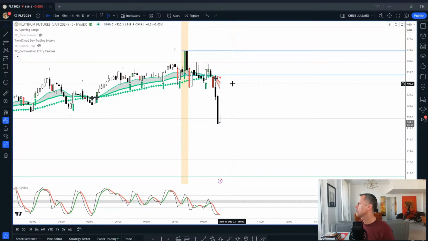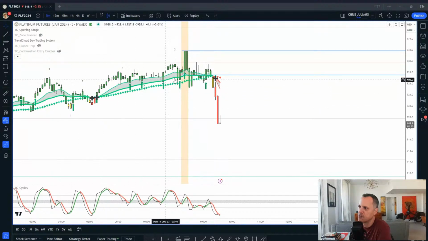Did I see wrong, or is this a setting? Yeah, so no, those are the confirmation entry candles that I put on the chart, Hitch. This is the regular TrendCloud that you've got, and then confirmation entry candles.